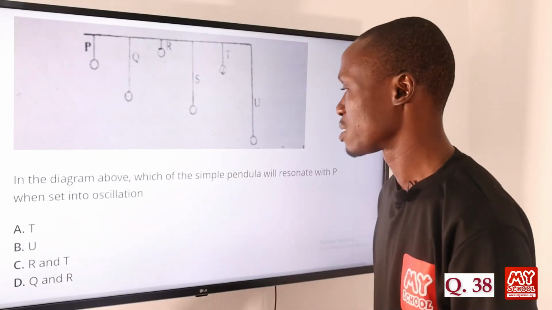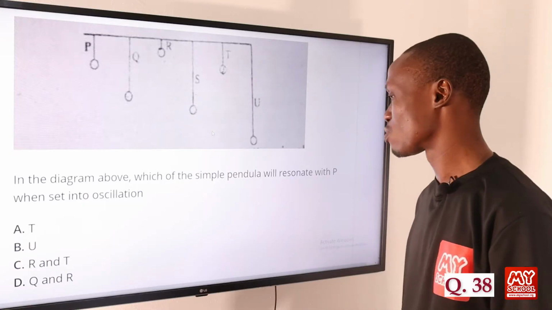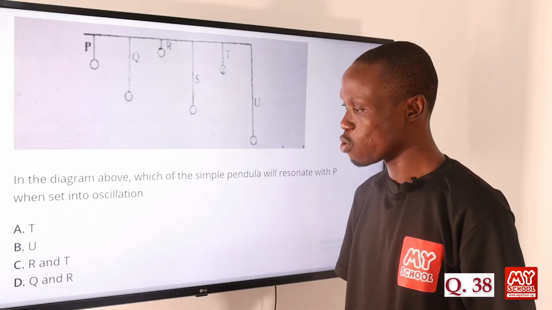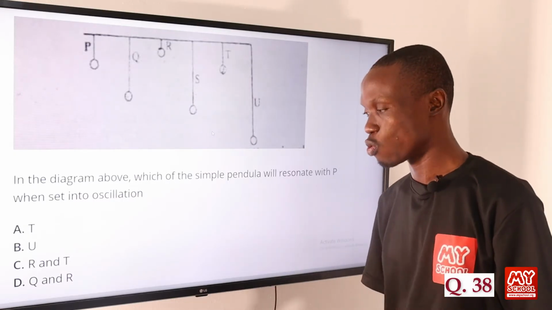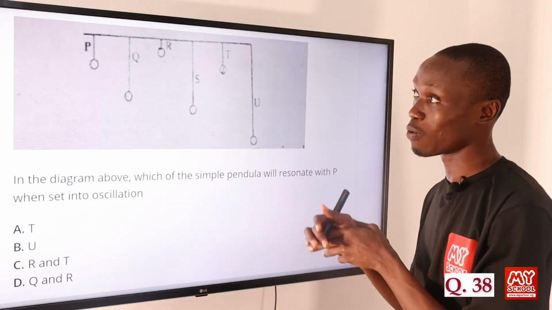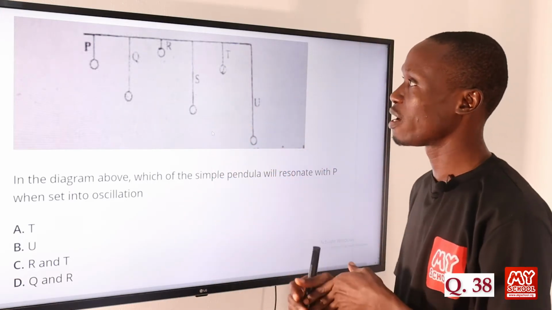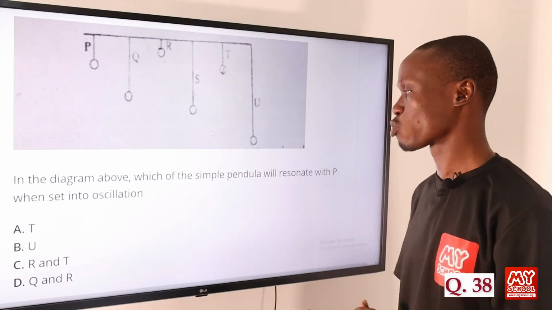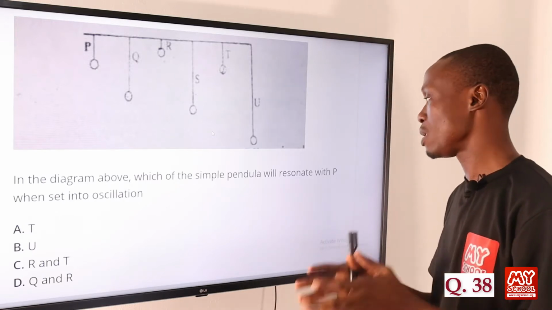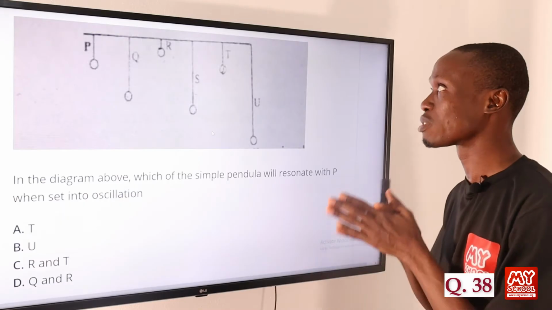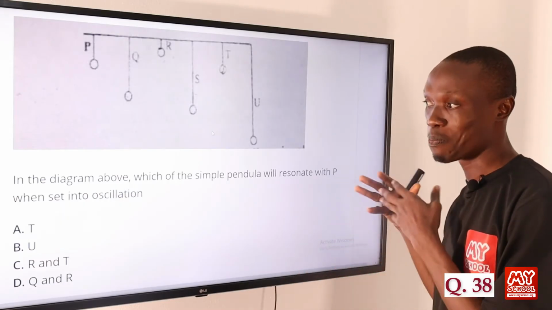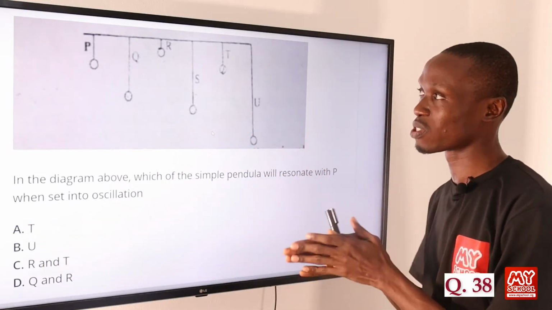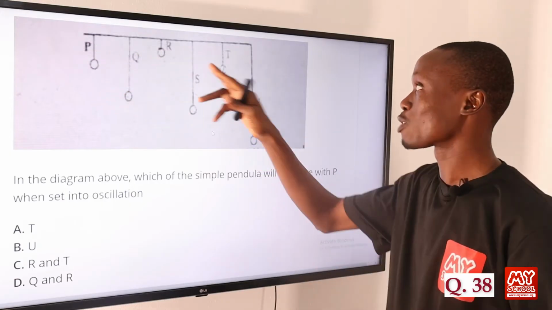Question 38. In the diagram above, which of the simple pendula will resonate with P when set into oscillation? So A will have T, B, U, C, R and T, D, Q and R. By careful inspection of the diagram, you discover that the length of pendulum P and that of pendulum T are the same.